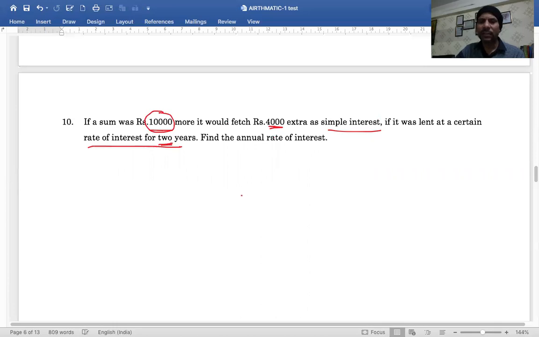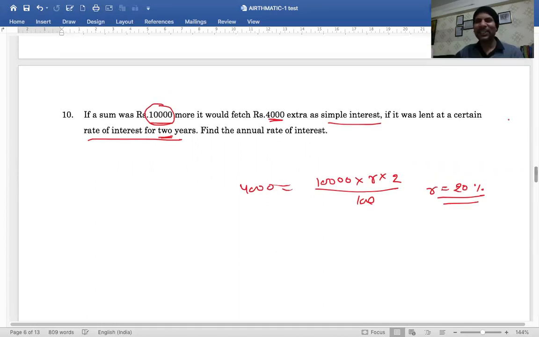So this extra interest of rupees 4,000 must be earned on the principal at a certain rate, and the duration is the same, which is 2 years. So you can find the value of R here, which is 20%. Most of the questions here have the answer 20%.